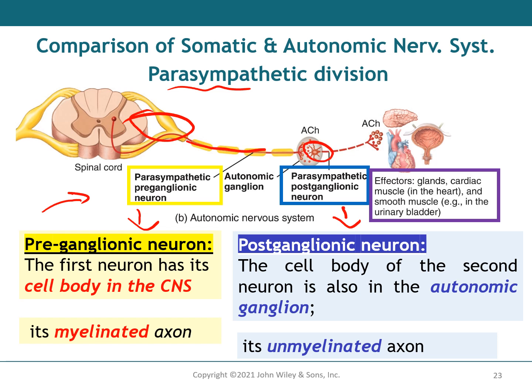The axon of the preganglionic will have myelin, the other one will not have myelin. And again, the neurotransmitter, as we said before, is going to be acetylcholine, and the effectors here will be similar to the first example. It will be different organs of the body.